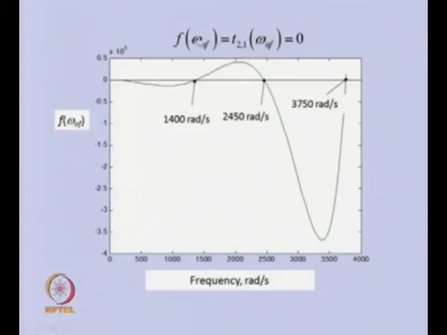If we express this as a function of omega and f, and plot this function with respect to omega for various steps, you can see that the function will vary, and wherever it intersects the 0 line, those will be the roots of the equation. So at 0 we expect a cut; these are the natural frequencies of the system. Just by plotting this function we get the natural frequencies of the system.